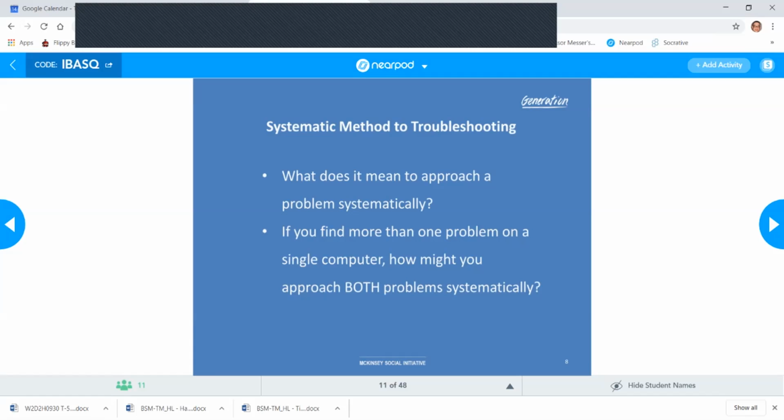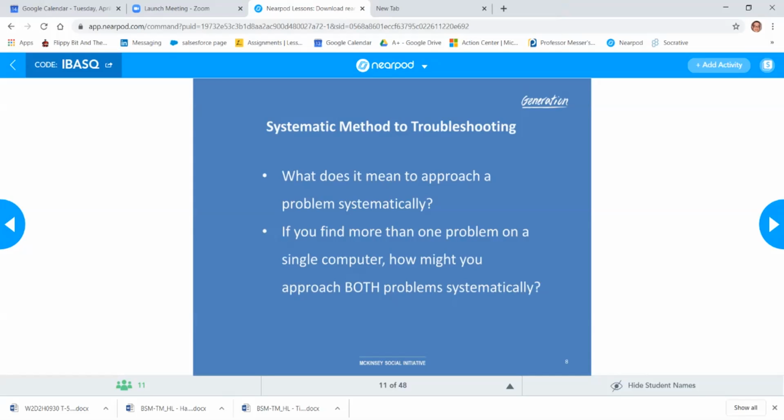So if you find more than one problem on a single computer, how might you approach both problems systematically? DeAndre, what do you think about that one? Should I work on both of them at the same time? Should I do it one at a time? How do you think I should tackle this?